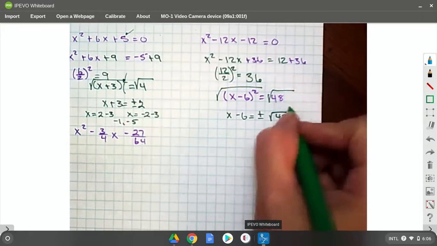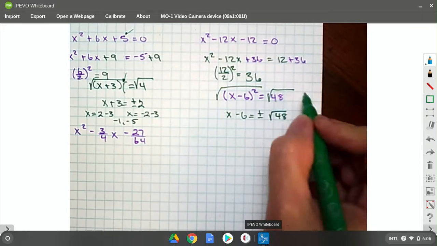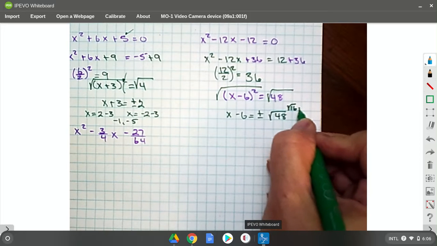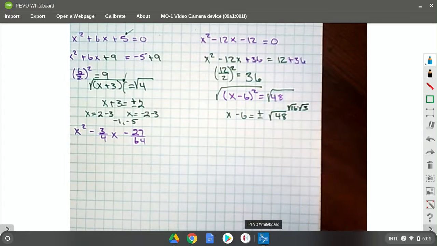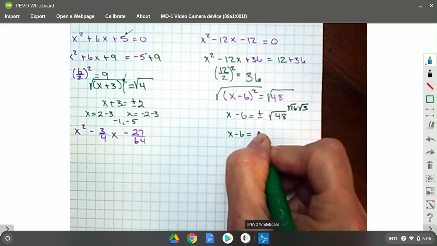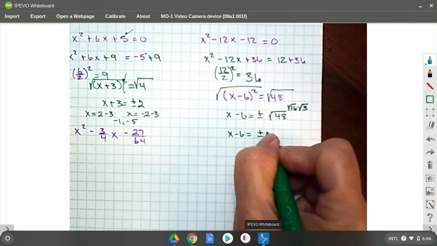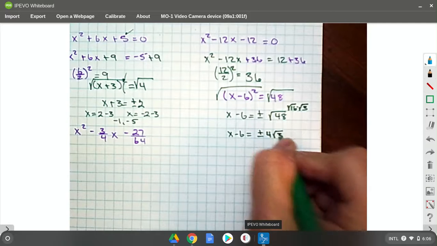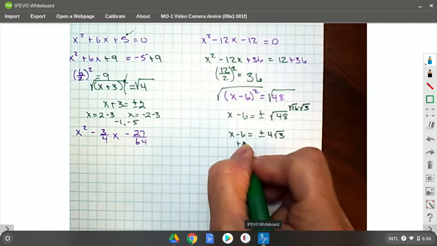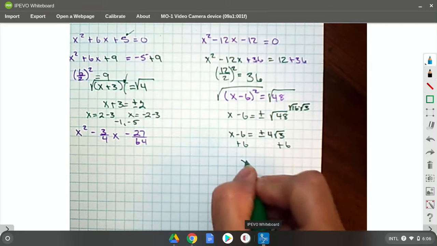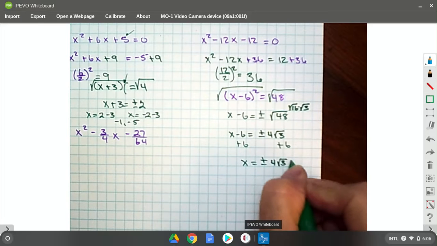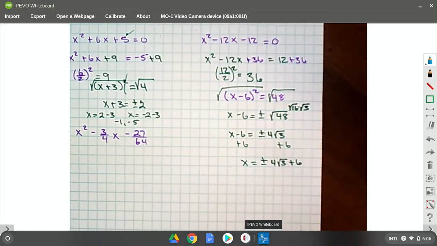So I can take the square root of 48 and break that down to the square root of 16 times the square root of 3. So x minus 6 is equal to plus or minus 4 times the square root of 3. Okay, then it's just adding that 6 to both sides, and x is equal to plus or minus 4 times the square root of 3 plus 6.